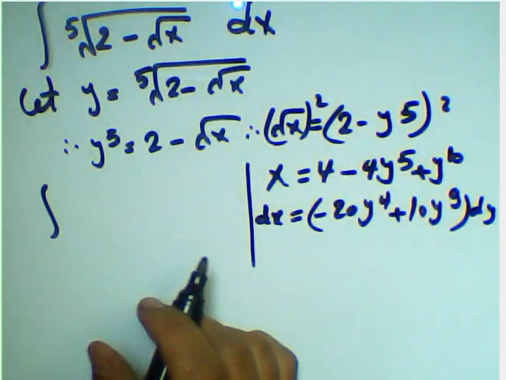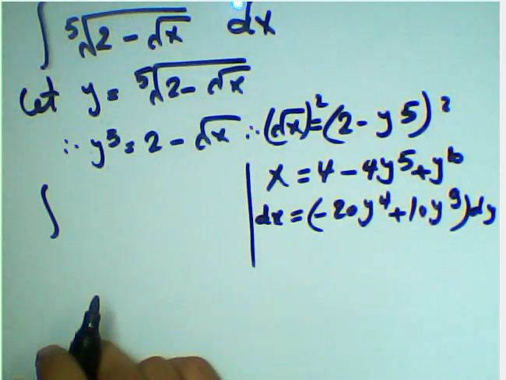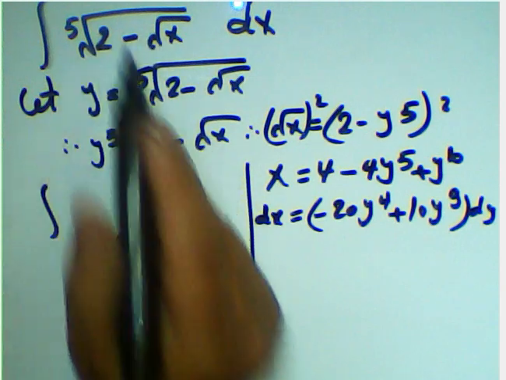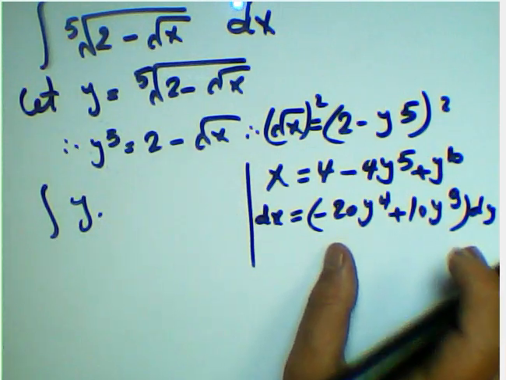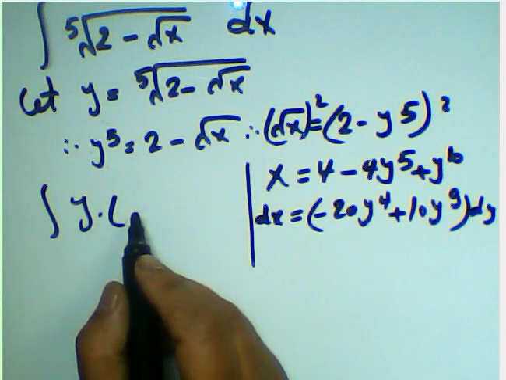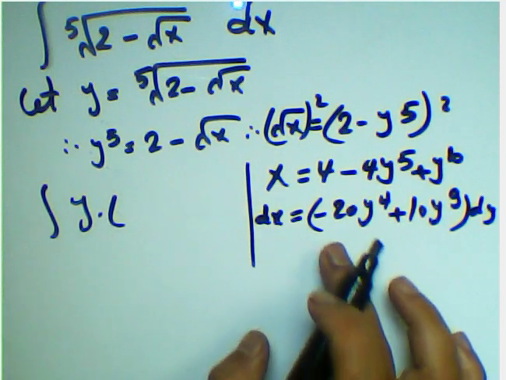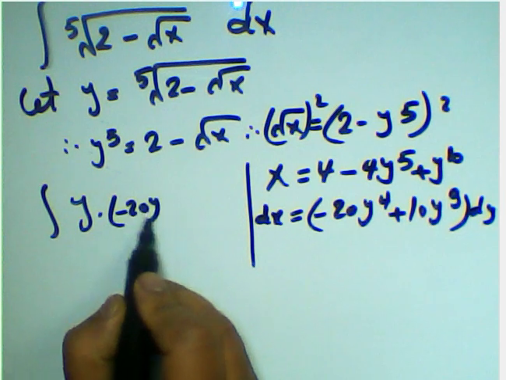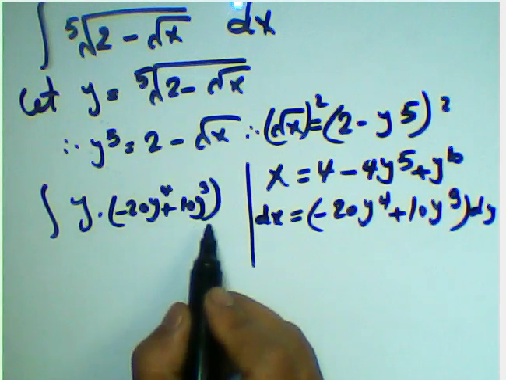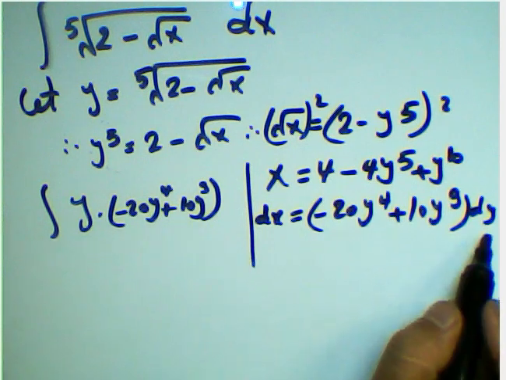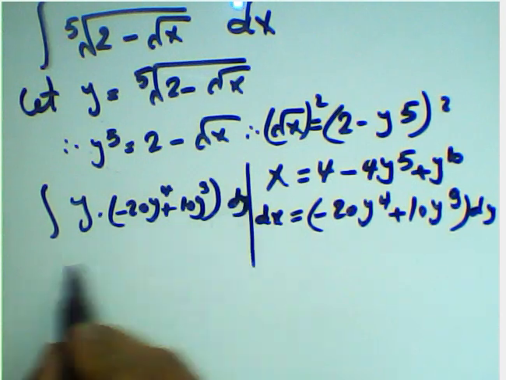Write the integration, right here y, I put y here, multiplied by dx, all this expression, negative 20 y power 4 plus 10 y power 9, multiplied by dy.